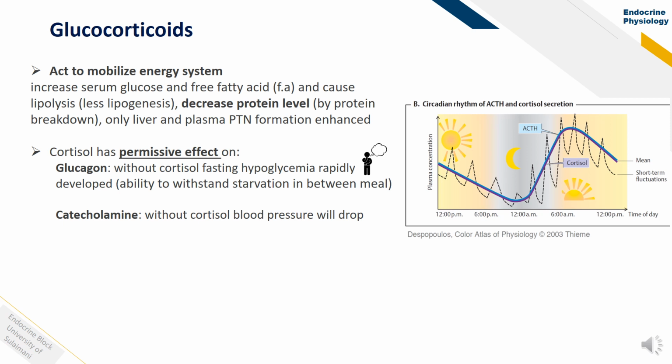So it increases glucose and free fatty acids, because it also causes lipolysis, less lipid formation, and decreased protein level by protein breakdown, while only liver and plasma protein formation is enhanced. And it has a permissive effect on glucagon, and on catecholamine also.